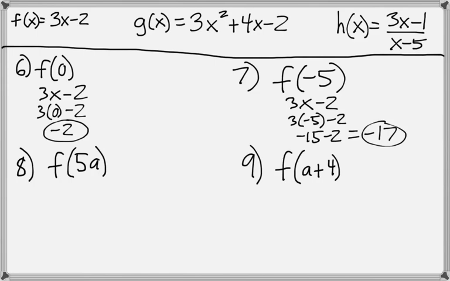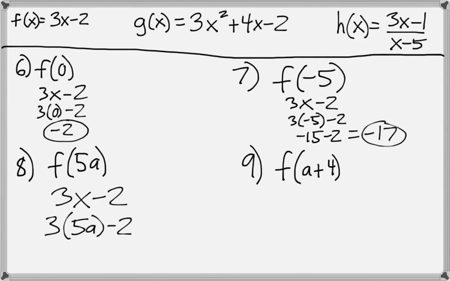It's not always just numbers that we're plugging in. Sometimes it's other variables. So they want us to plug in 5a into the f function. So I'm going to copy the f function down. You don't always have to copy the original function down if you don't want to. That's okay if you don't. So this is 3 times 5a minus 2.